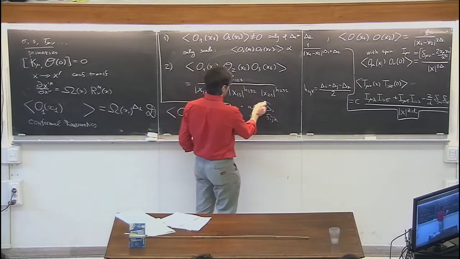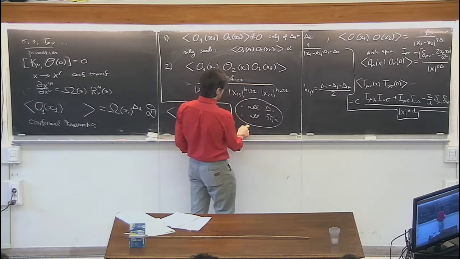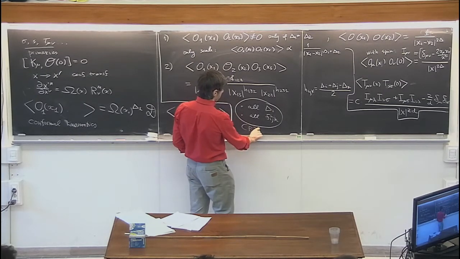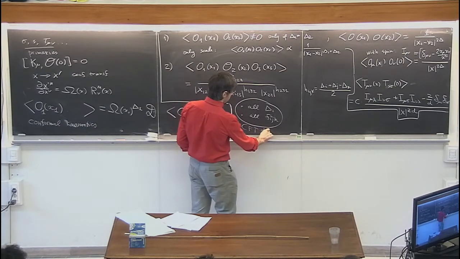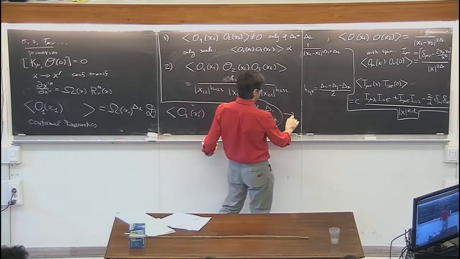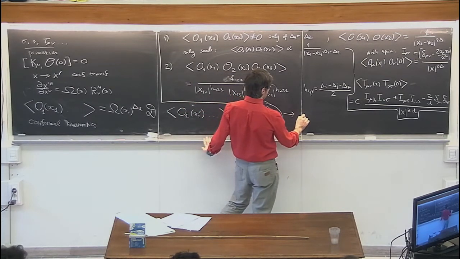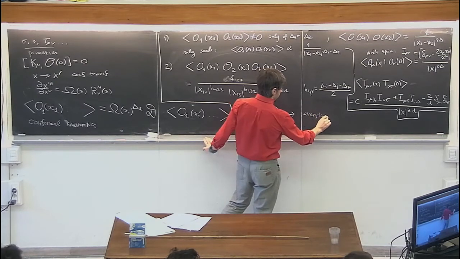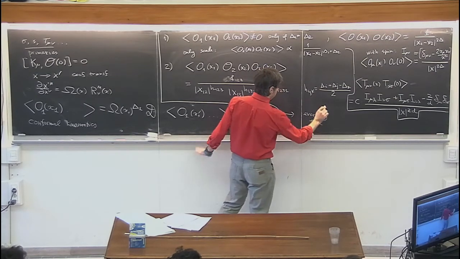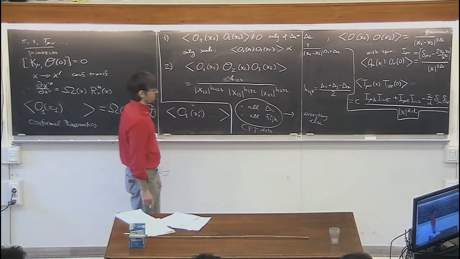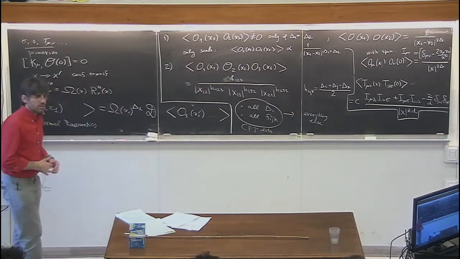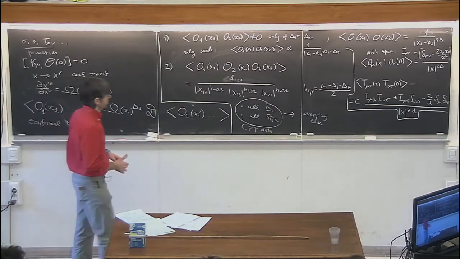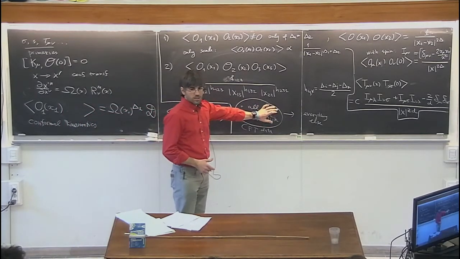So the collection of these numbers is called CFT data. And from here you can compute everything else. So to solve a conformal field theory means to find the CFT data.